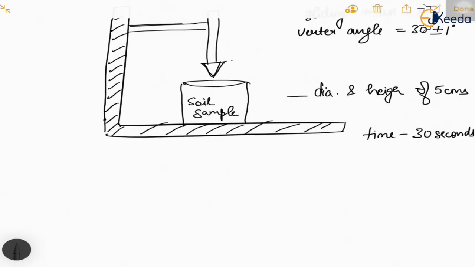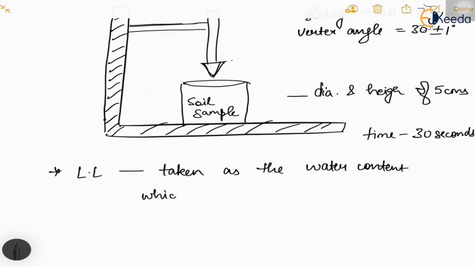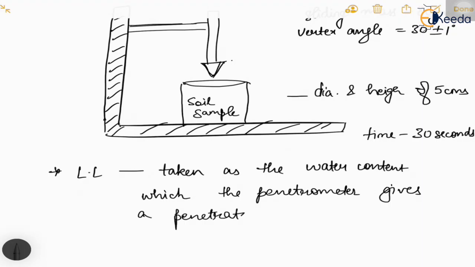And this theory of the cone penetrometer says that the liquid limit is taken as the water content at which the penetrometer gives a penetration of 20 mm.